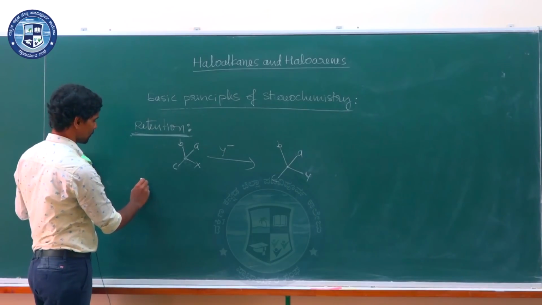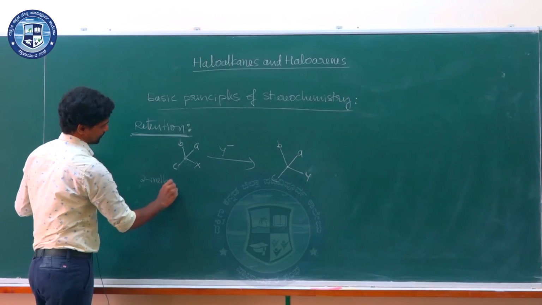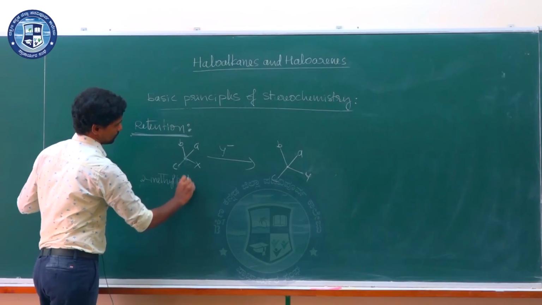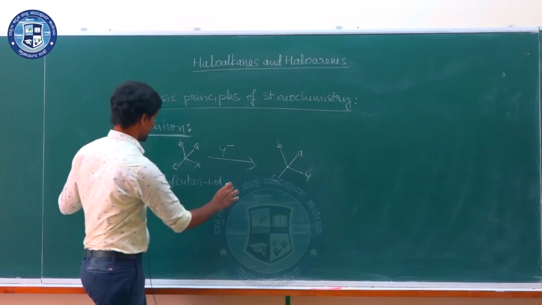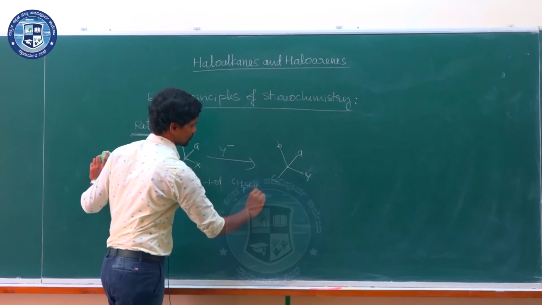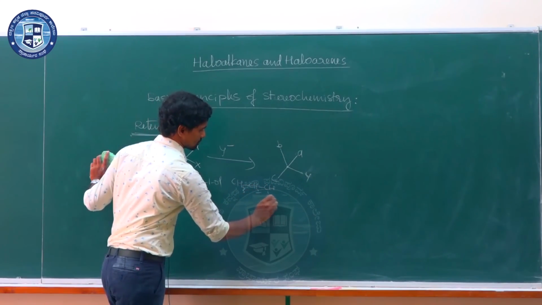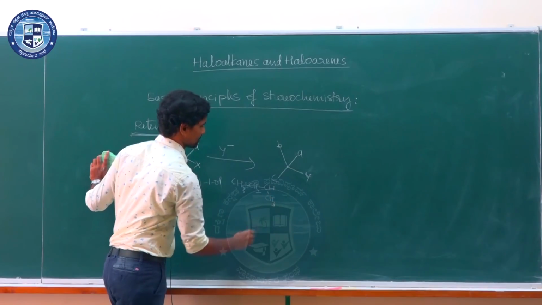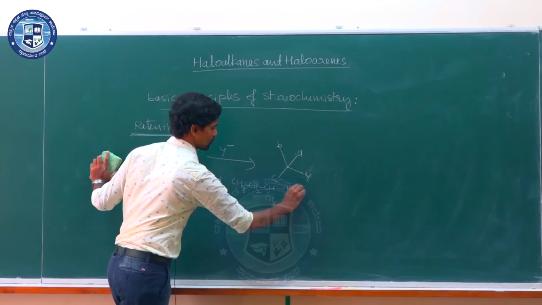Take the example of 2-methyl butan-1-ol. It will be CH3, CH2, CH3 and CH2OH.